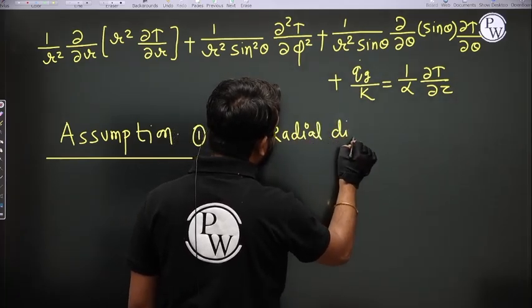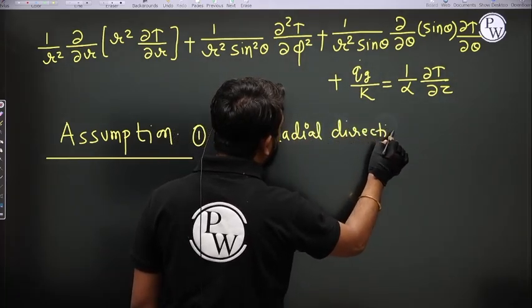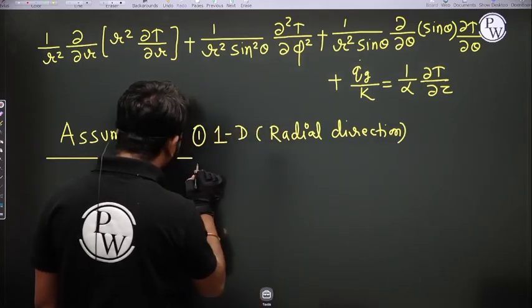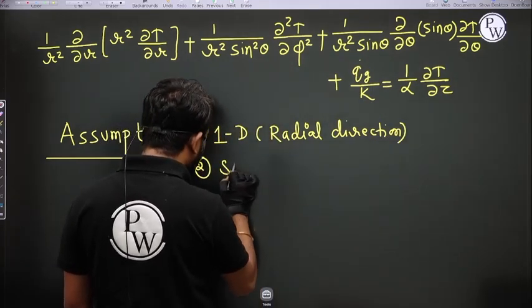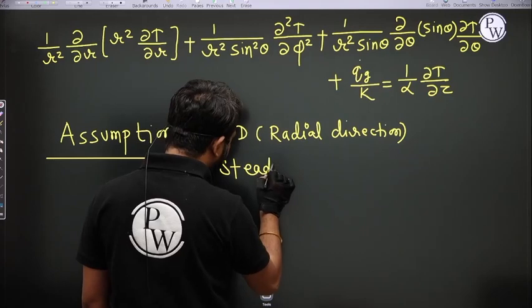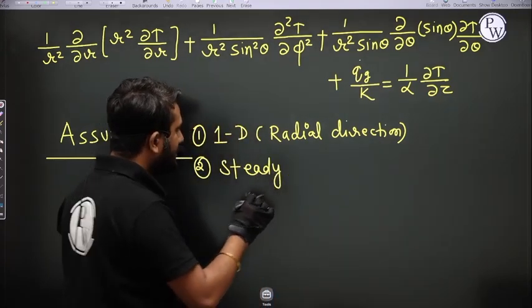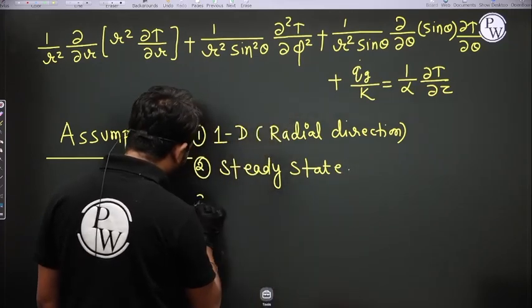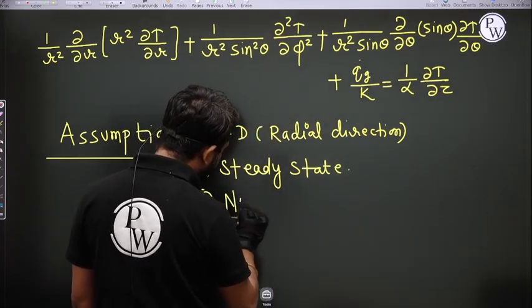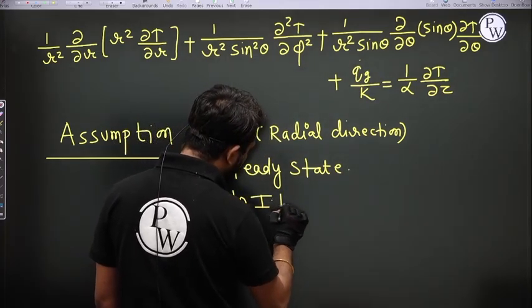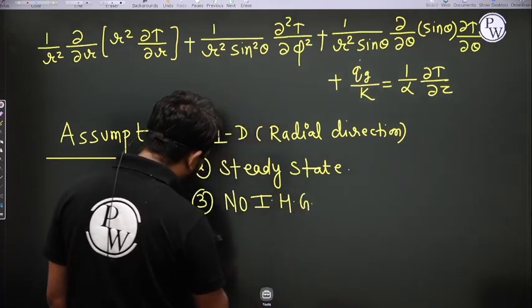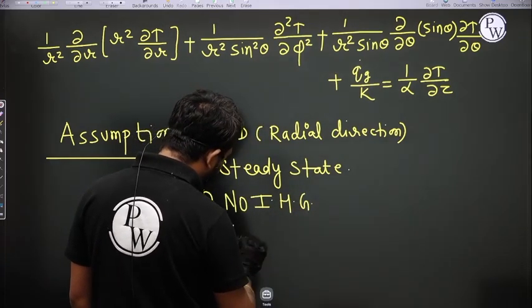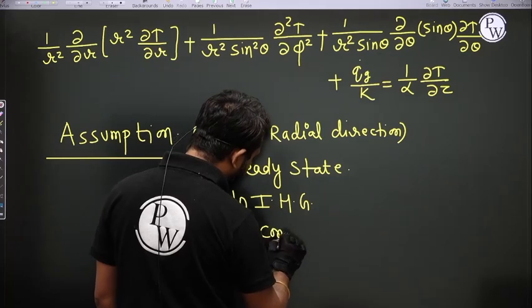The third assumption is steady state. The fourth is no internal heat generation. And the fifth is thermal conductivity is constant, not a function of temperature.